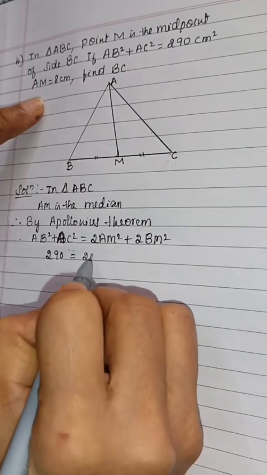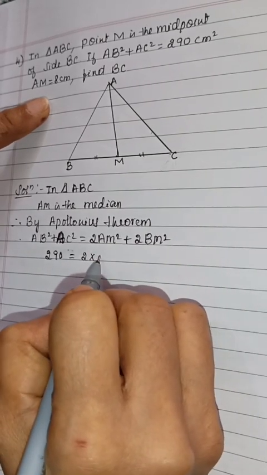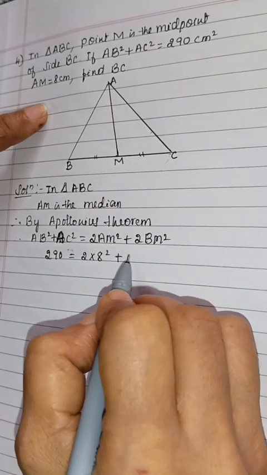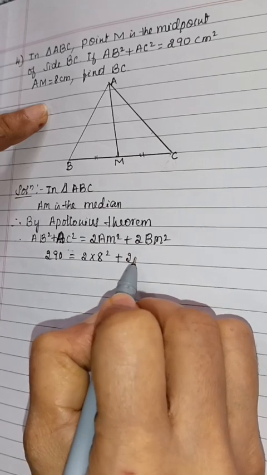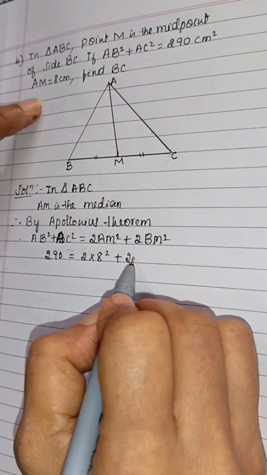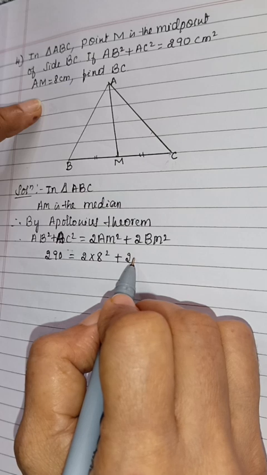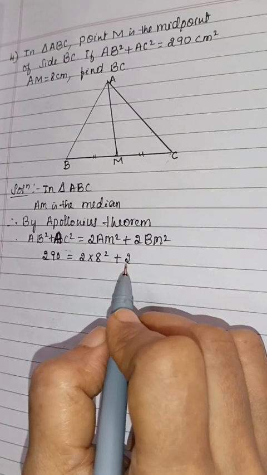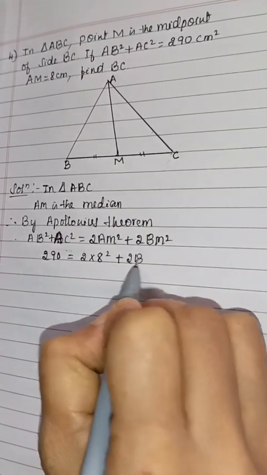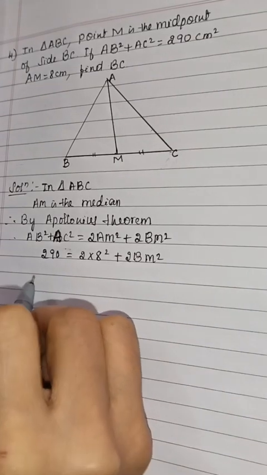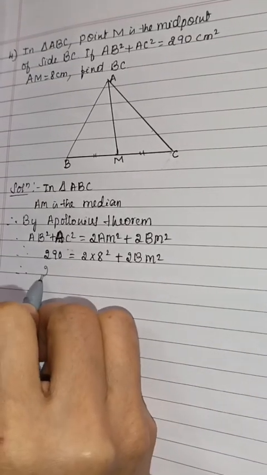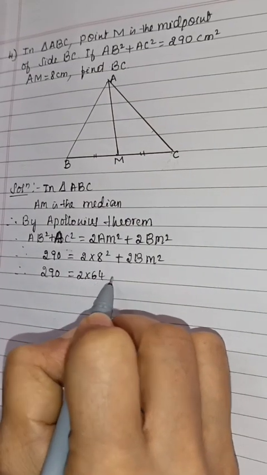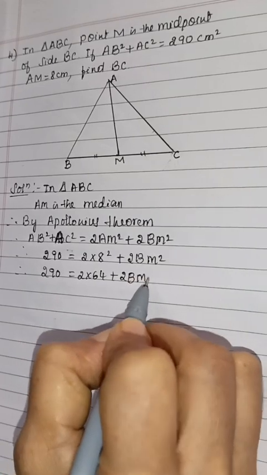AM is 8, so 2 into 8 square plus 2BM square. Therefore, 290 equal to 2 into 64, plus 2BM square.